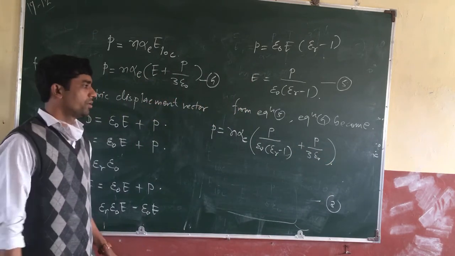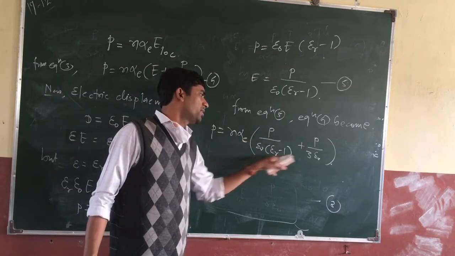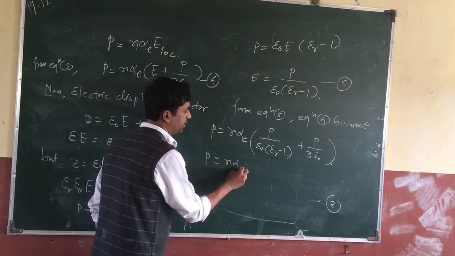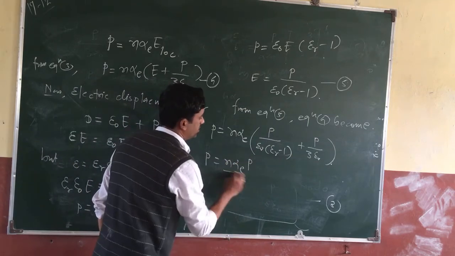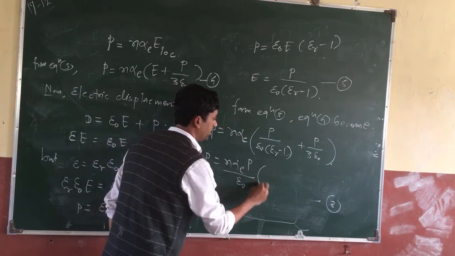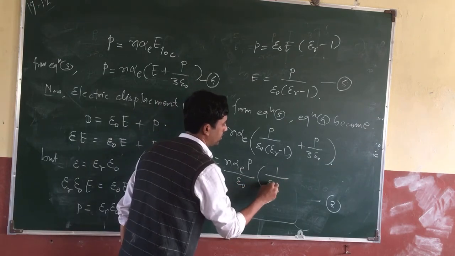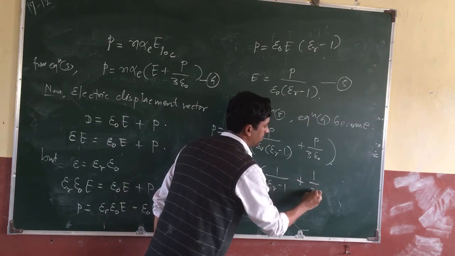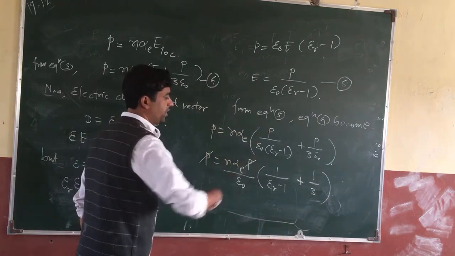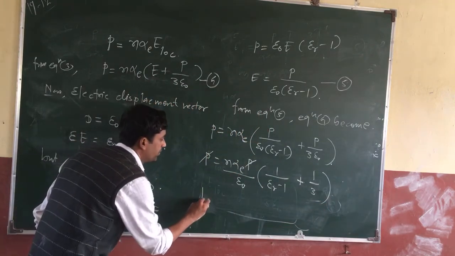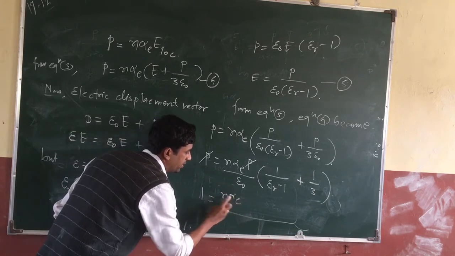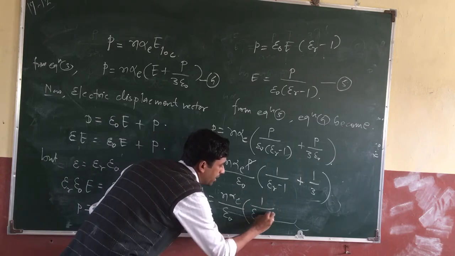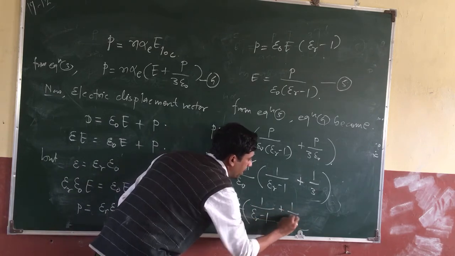Okay, now P is common and epsilon naught is common, so P is equal to N alpha times P over epsilon naught, times 1 upon epsilon R minus 1 plus 1 by 3. This P will get cancelled, so here 1 is equal to N alpha divided by epsilon naught times 1 upon epsilon R minus 1 plus 1 by 3.